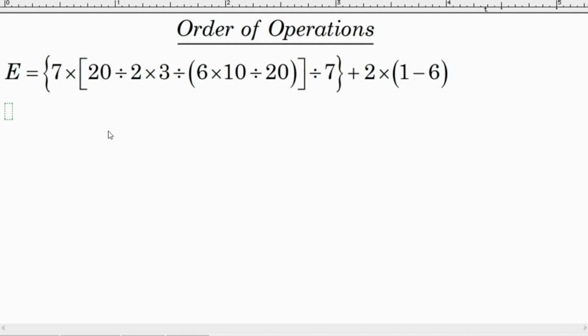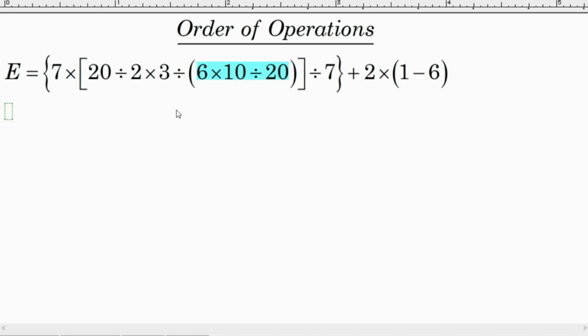The first thing we need to solve is the number in the braces, but we also have to solve the number in the bracket first. But the very first thing we need to do is solve the number in the parentheses. Here we have to calculate 6 times 10 and divide by 20.